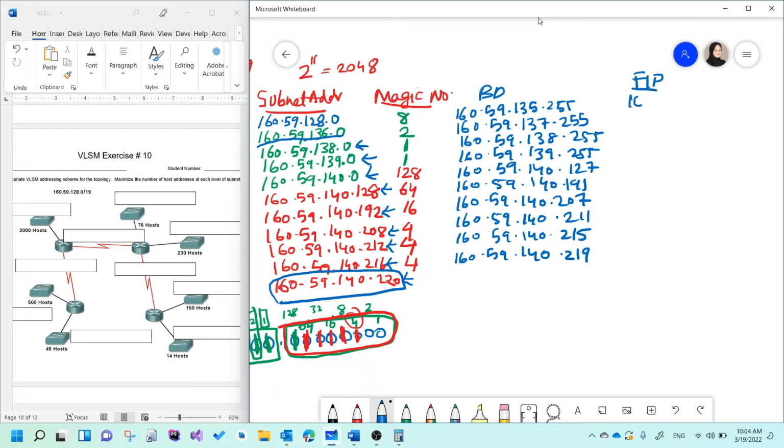So here it would be 160.59.128.1, 160.59.136.1, 160.59.138.1, 160.59.139.1, 160.59.140.1, 160.59.140.129.